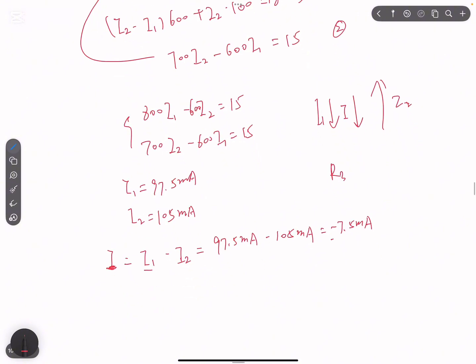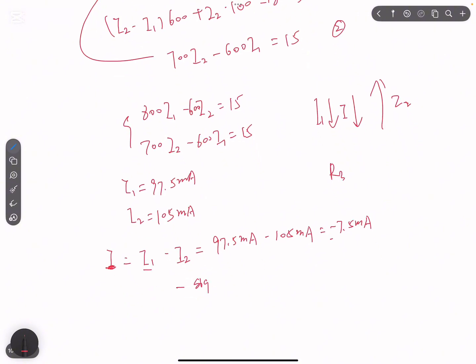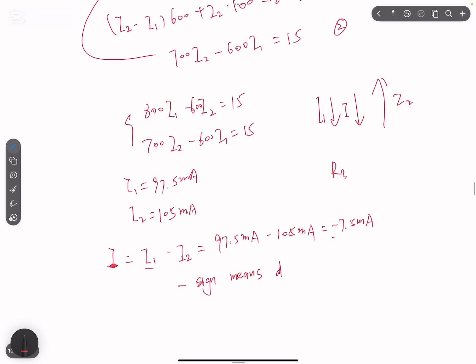The minus sign means the direction is different from I1, so it will be the same as I2. The current I direction will go up, same as I2.